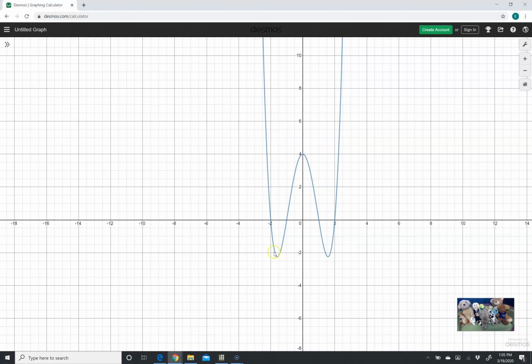And then as we approach our turning point, so here's our turning point, we go from decreasing to increasing. This is a minimum. And this would actually be called an absolute minimum because it is the lowest point in the graph. And it's okay, you could see another minimum over here. It's okay to have two absolute minimums, that's fine. Because both of these have the same y value, so that's all right.